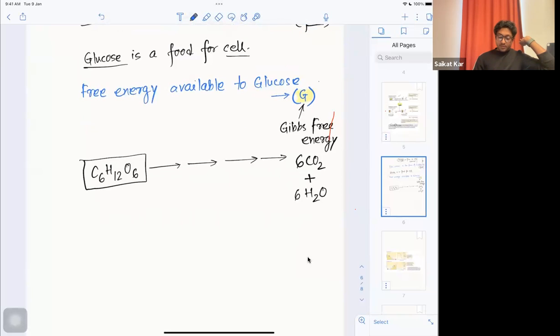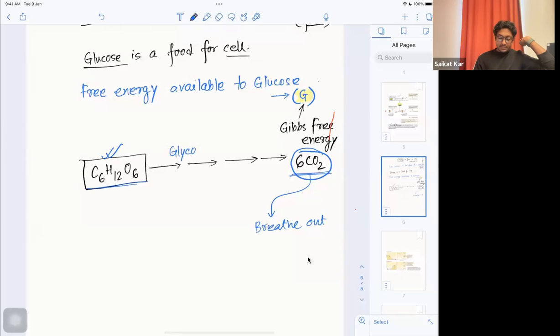My main focus is how the whole glucose is converted into CO2, and CO2 we are releasing from our lungs, breathing out from the body. The glucose is completely converted into CO2 after two steps.